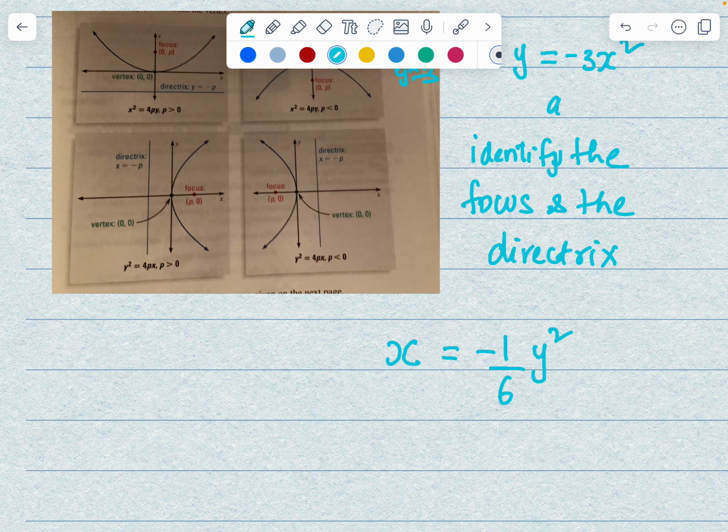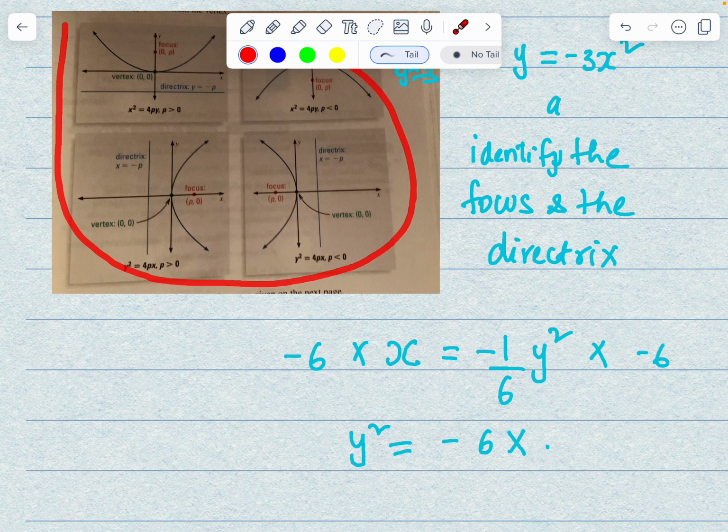Now, you write the original equation and then let's multiply both sides by -6. So we get y squared is equal to negative 6x. You can see from these equations over here, you can use this as a reference.